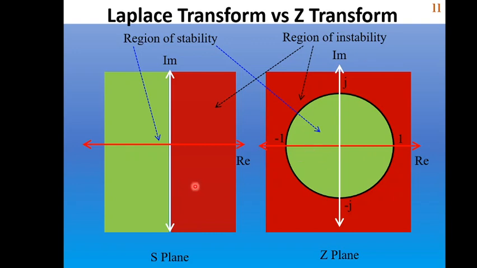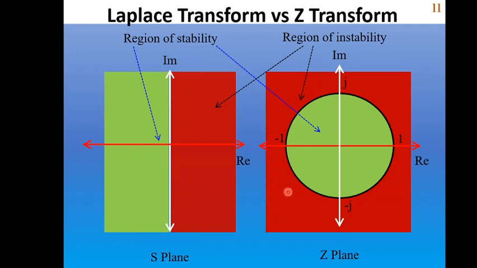Right side of the imaginary axis, shown in red color, corresponds to the exterior of unit circle in Z plane. These regions, shown in red color, are unstable regions. In these regions, impulse response of a system is not stable.